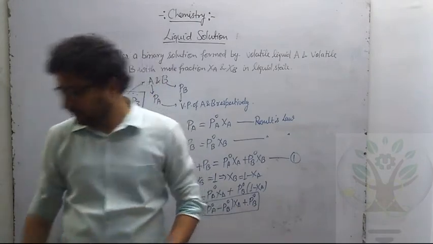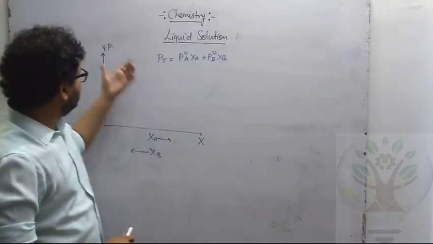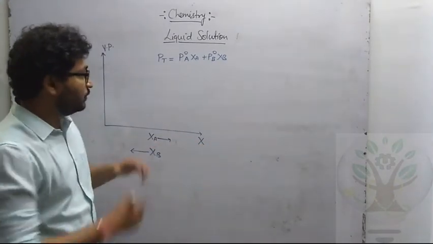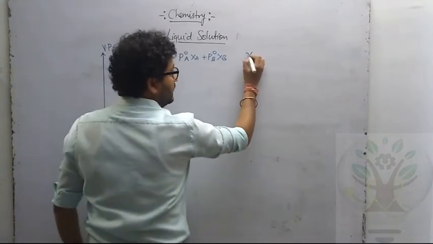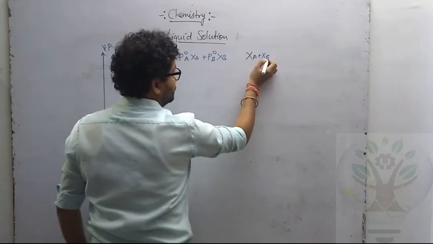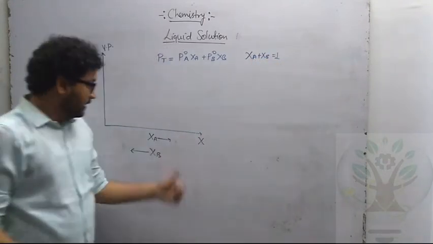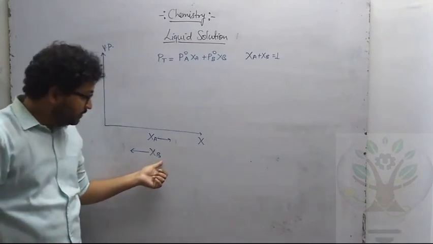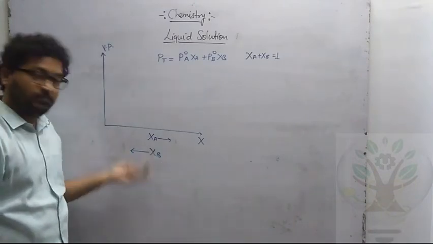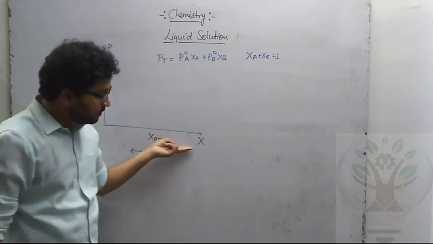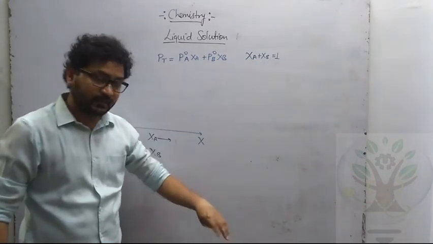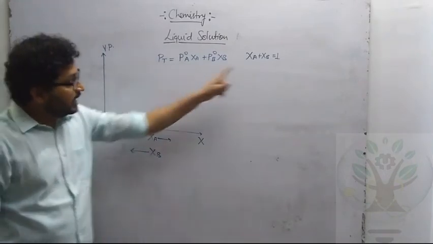Moving forward. Now, let's draw a graph between vapor pressure and mole fraction. Hopefully you can see this. XA plus XB is equal to 1, so XB will increase in this direction. Of course, if XA will increase, XB will decrease, and if XB will increase, XA will decrease.